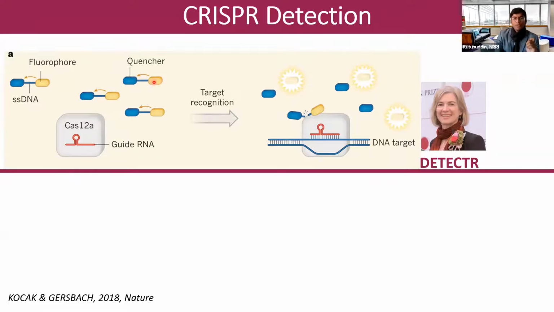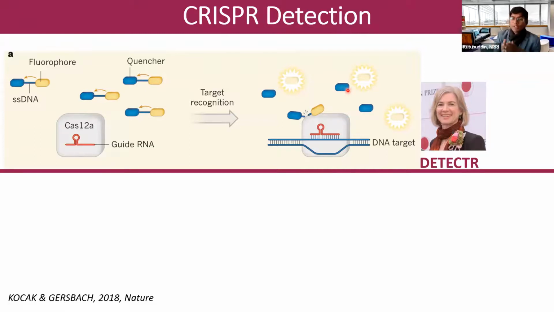When there is a quencher and reporter combination, the reporter dye would not fluoresce, okay? But if they are separated, then it would fluoresce. Now, in the tube, you applied Cas12a, you applied guide RNA, and you have a sample with the viral DNA. Whenever it finds a DNA target, it will cut the DNA target. And as I told you, it has collateral activity, so it will also cut the quencher and reporter single-stranded DNA, so that the quencher would be separated from the reporter, and then the reporter would fluoresce.